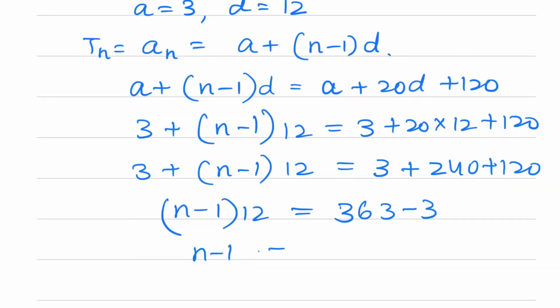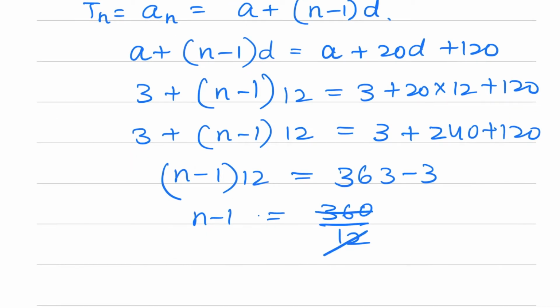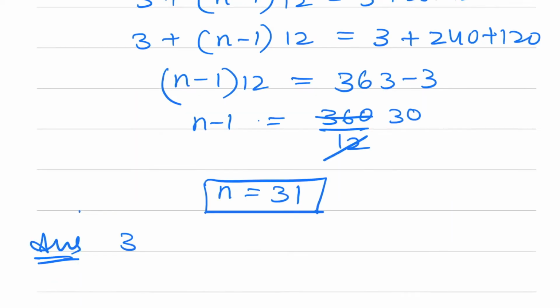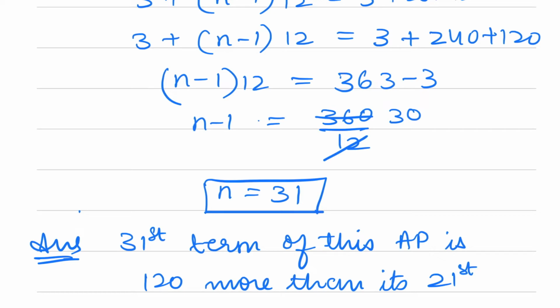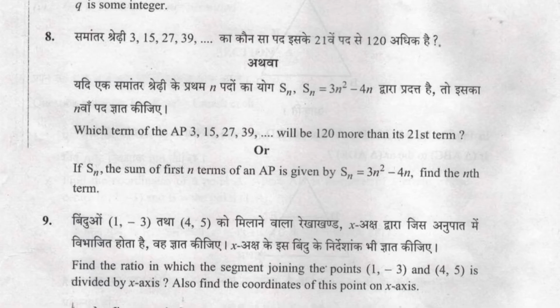Now n minus 1 is equal to 360 by 12, so this is 30, so n is equal to 31. Answer: 31st term of this AP is 120 more than its 21st term.